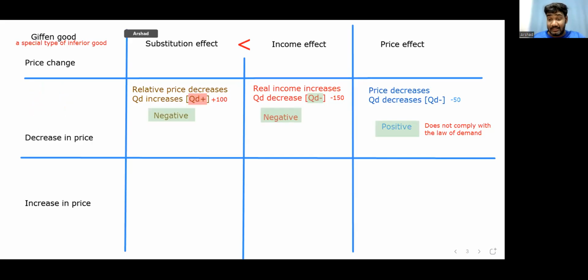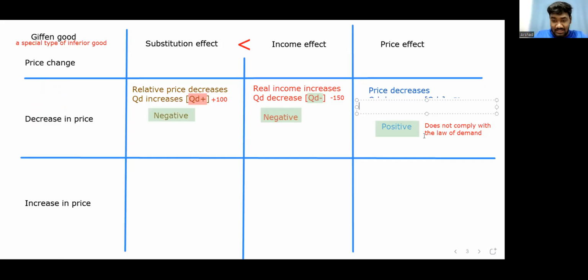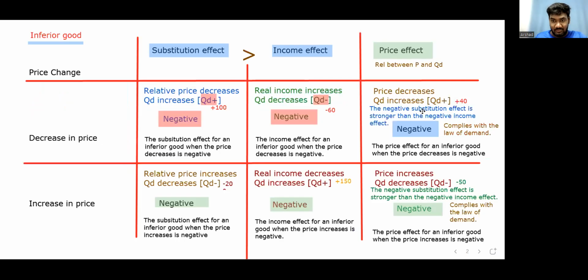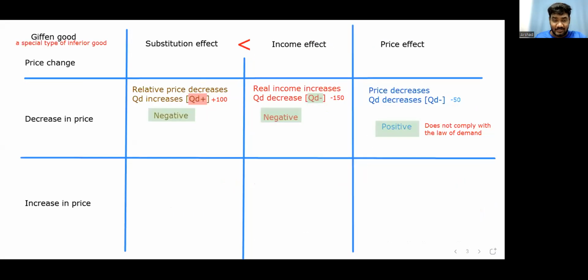Then what is the reason for this? The reason behind this is the negative substitution effect.